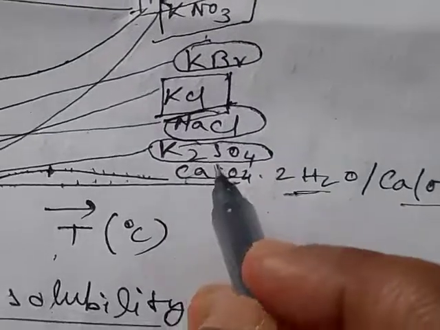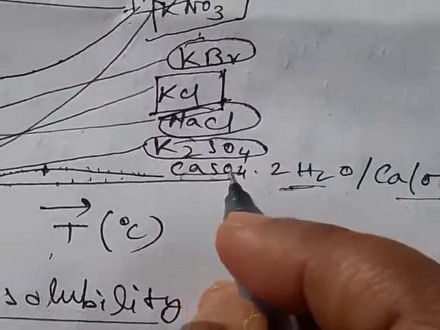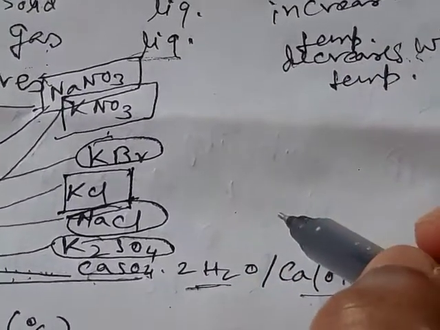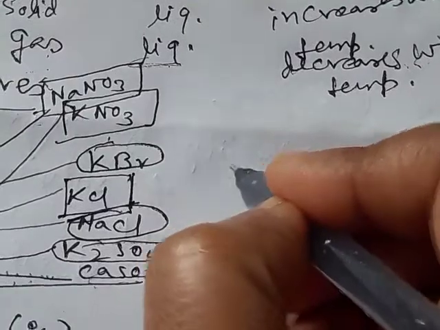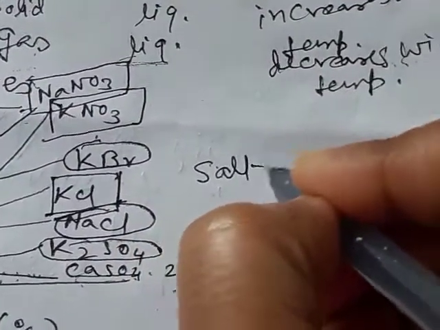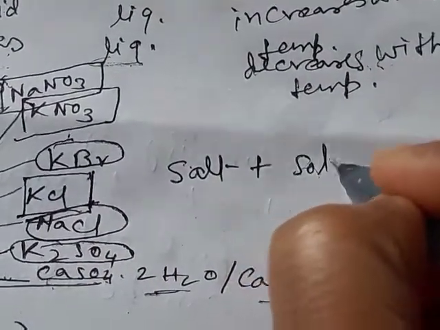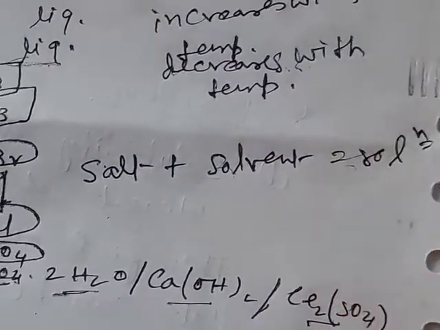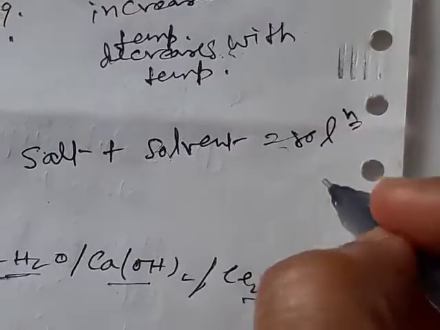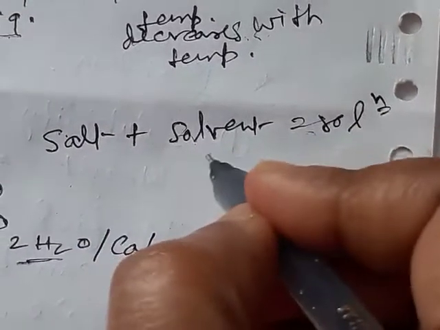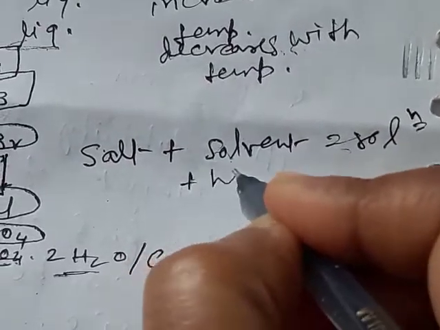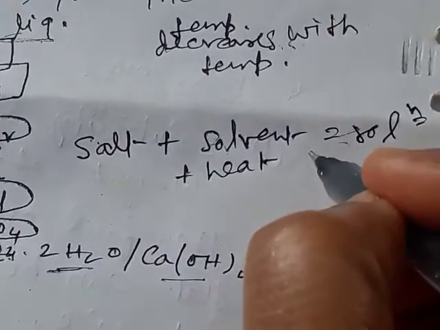Why? Because for these salts the solubility process is endothermic. Endothermic means that if a salt is dissolved in solvent and we get the solution, and the process is endothermic, then heat is absorbed in this reaction.